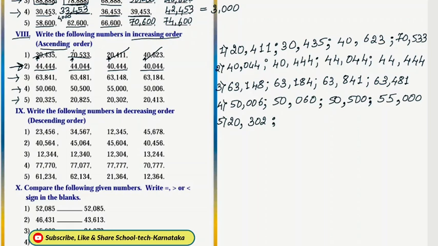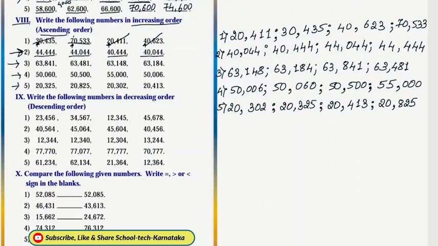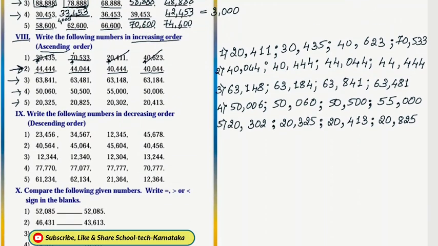Then the next number is 20,325. The next number is 20,413 and 20,825. Okay, this is how we write the numbers in ascending order.